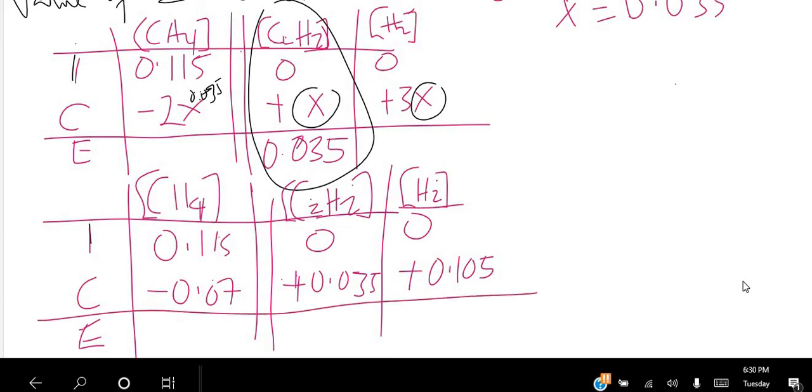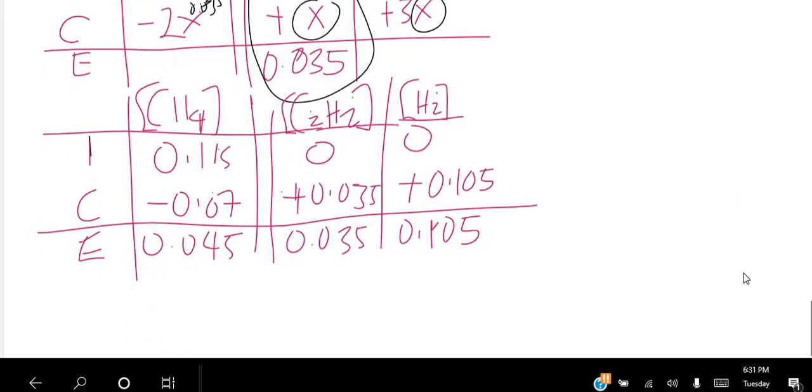So we can find this. This is going to be 0.115 minus this, which gives us 0.045, and this is of course 0.035, and this is going to give us 0.105. These are the equilibrium concentrations for our reactants and our products.